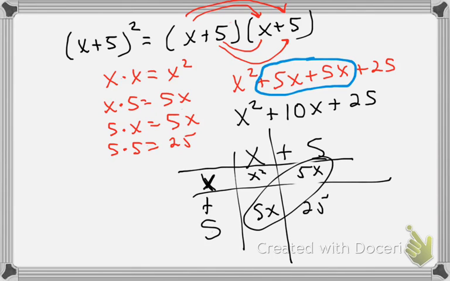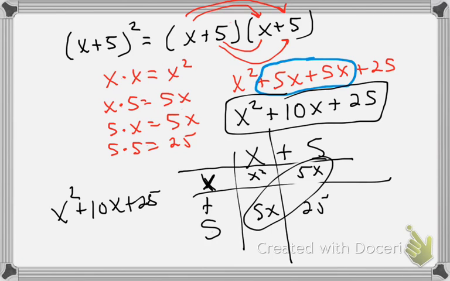And then you would combine the like terms in the middle. So again, it would be x squared plus 10x plus 25, which is exactly what we have at top. So this is our answer when we multiply the two. Don't forget, you have to write it out twice.